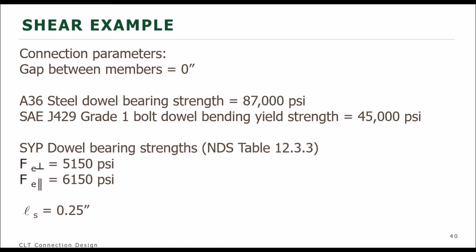In our case, we don't have a gap in this example, so our gap distance is just equal to 0, but we still need that to plug into our equations. For the ASTM A36 steel, our dowel bearing strength is 87,000 psi, and that can be found in both Technical Report 12 and in the NDS reference. Our grade 1 bolt dowel bending yield strength is 45,000 psi.